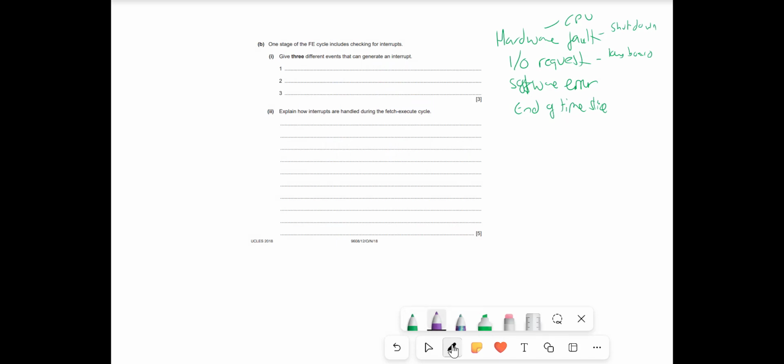Then you've got a software interrupt, which is normally to do with errors in code. Let's imagine I wrote some code and I'm trying to divide by 0, which is impossible mathematically, but I accidentally had that in my code. It would cause a crash. It would interrupt my program, and the operating system would close down the program I was making.